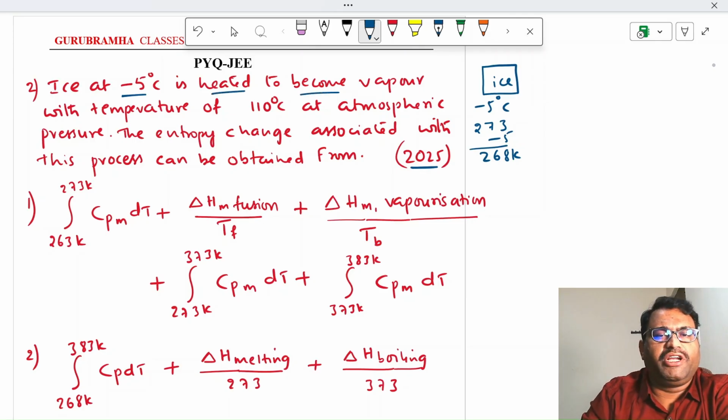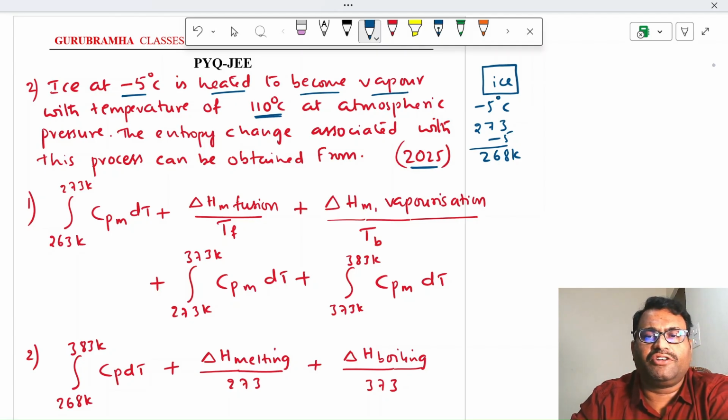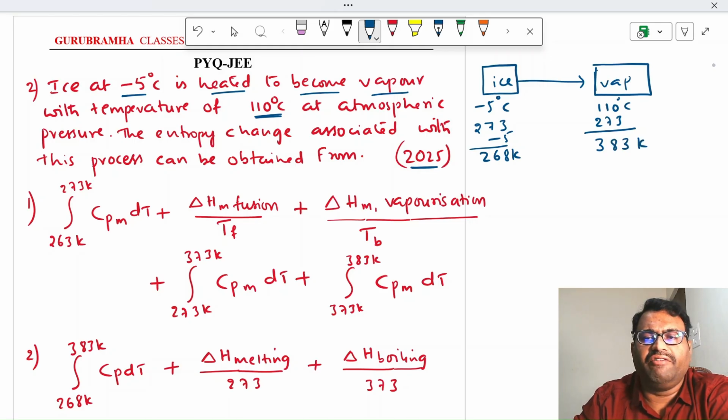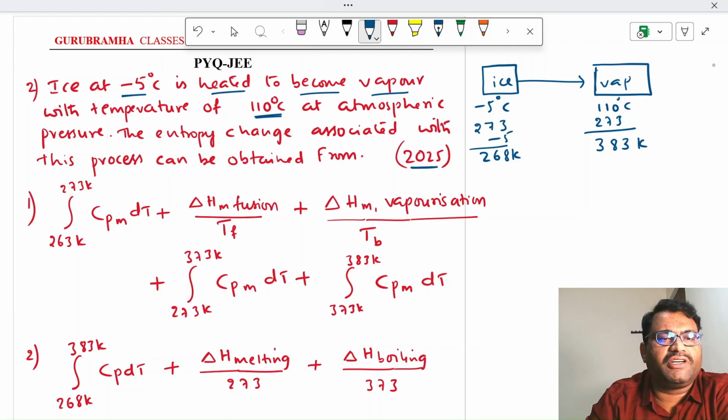It is heated to become water vapor at 110 degrees centigrade. 110 degrees centigrade is 273 plus 110, which is 383 Kelvin, at atmospheric pressure, that is, at constant pressure.